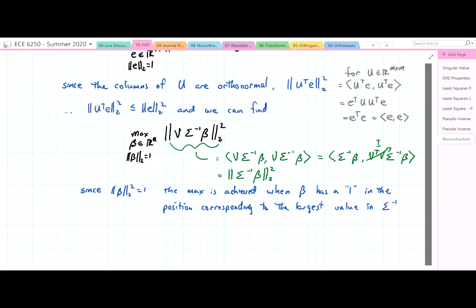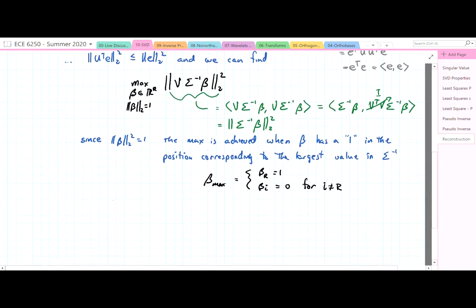In other words, we can write this as: the beta that achieves the maximum is beta_r equal to 1, and beta_i equal to 0 for i not equal to r. If that happens, we already happen to know what that value is.